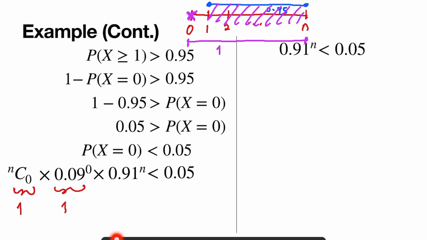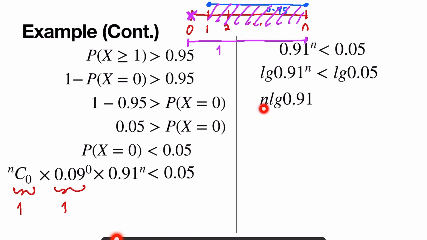How to bring down the power n? Okay, so we're going to log both sides. So log 0.91 to the power of n less than log 0.05. Okay, so when we log both sides, now what we do with this power? We can bring it to the front. And n log 0.91 less than log 0.05. We are looking for n. What we're going to do with this log 0.91? We're going to bring it to the right side. Okay, when we bring it to the right side, what happened to the sign?